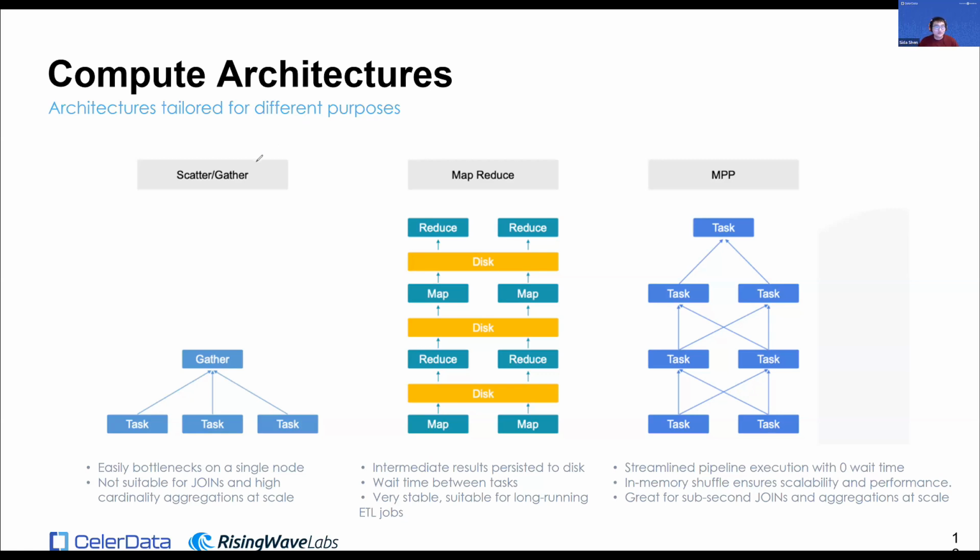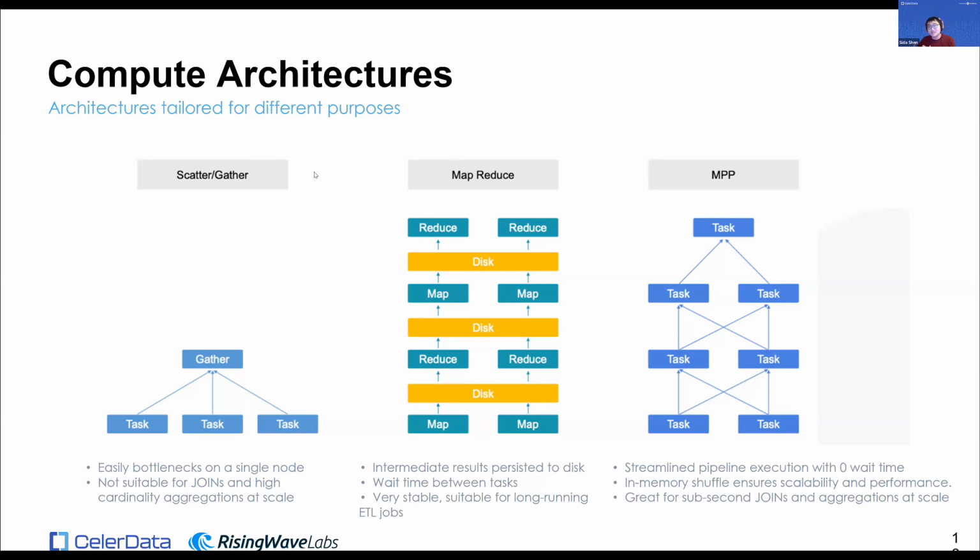Then you have architectures that are really built for long-running batch workloads. One example is Spark. Spark is not exactly like MapReduce, it's a more optimized version, but it branched from a MapReduce kind of architecture.